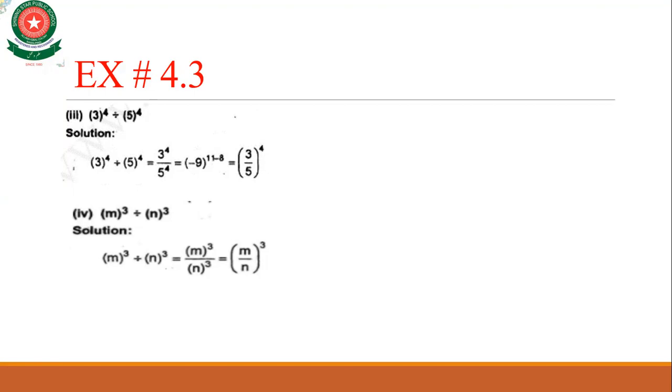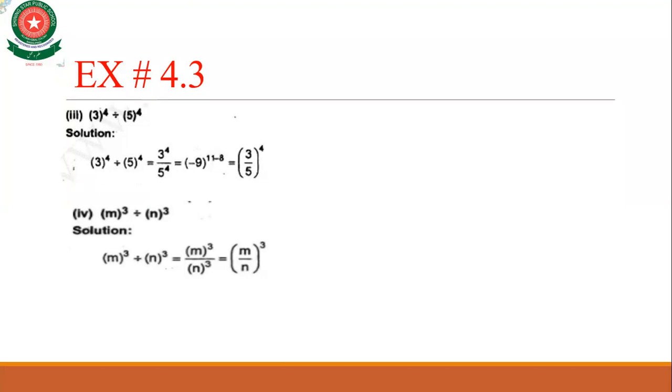Now, we know that (3 by 5) power 4. Now the next part is m power 3 divided by n power 3. Here again, the second law of quotient, which is a power n divided by b power n is equal to (a over b) power n.